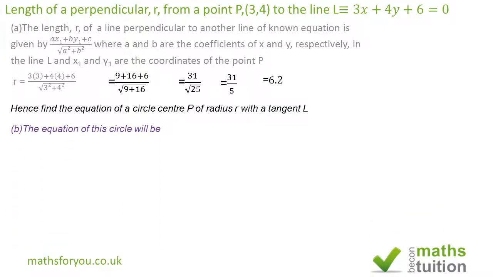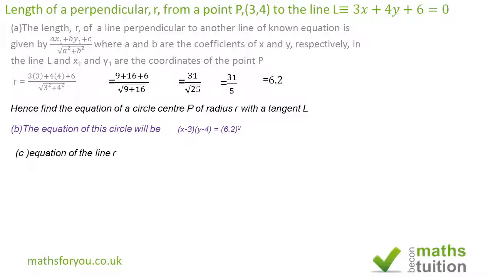To do that, we do (x minus 3) squared plus (y minus 4) squared is equal to 6.2 all squared. The 3 is the x value at the point P, and as before, the 4 is the y value at the point P. Hence, (x minus 3) squared plus (y minus 4) squared is equal to 6.2 all squared.